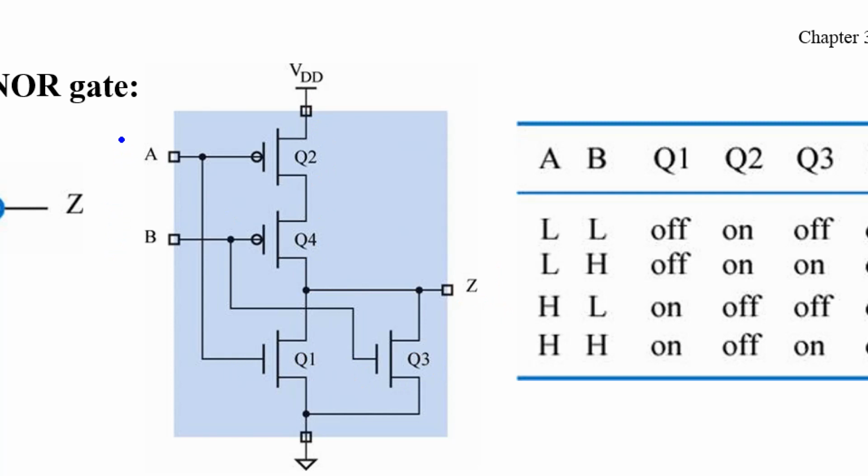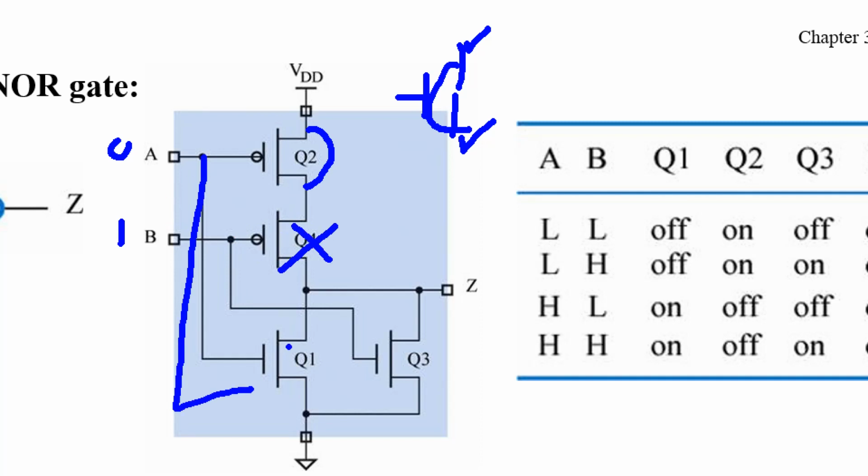And if you apply, for example, 0, 1, this one turns on, and this point and this point are short together, like a switch, like you push a switch and then connect between this point and this point. And this one is active low, so this one is open circuit or off.